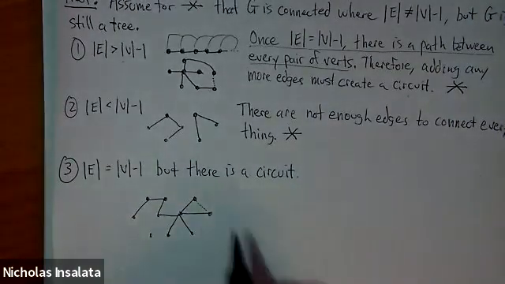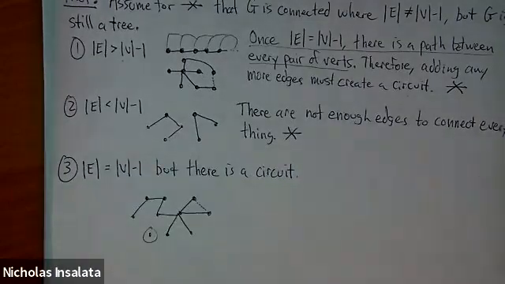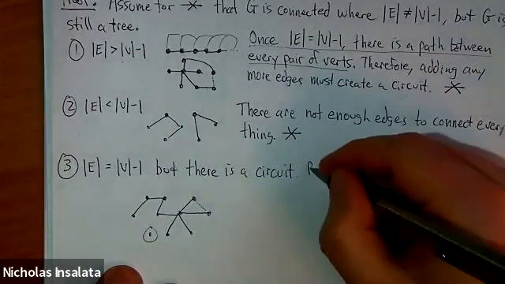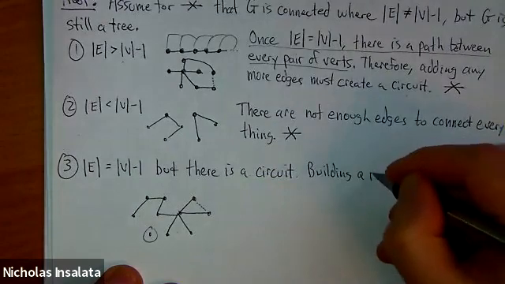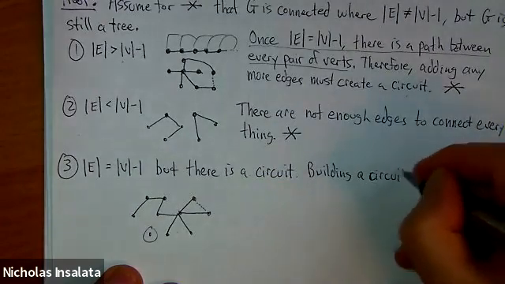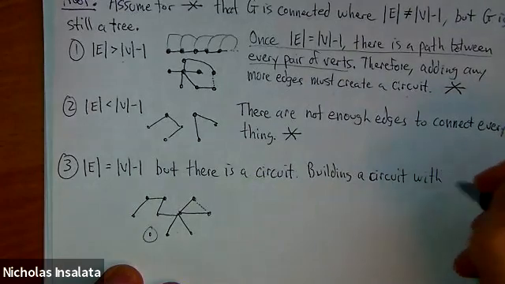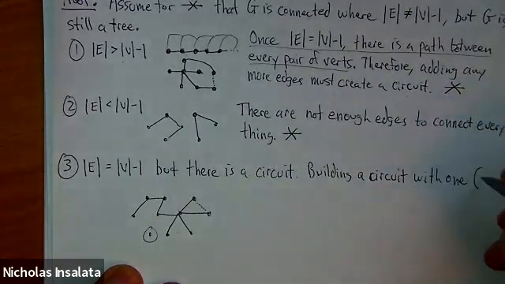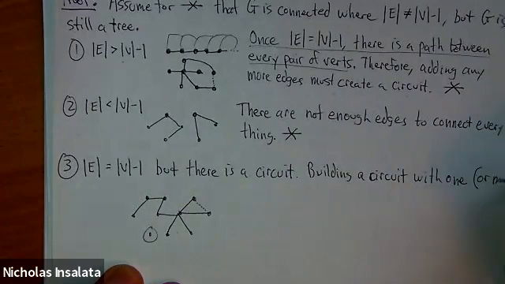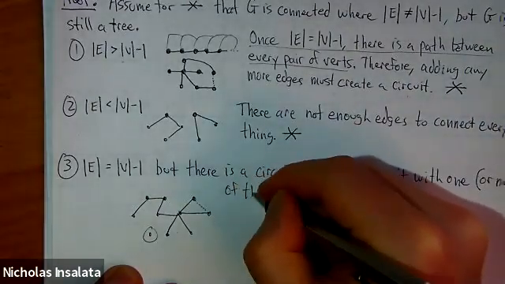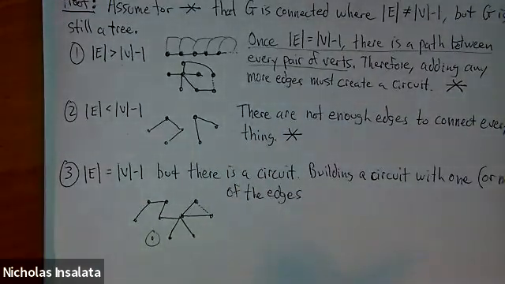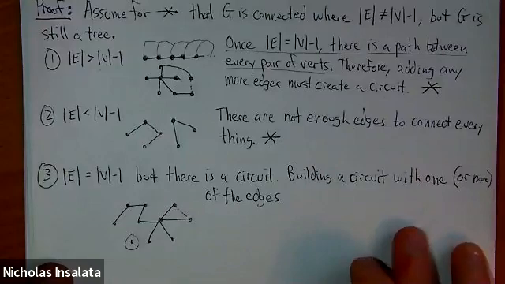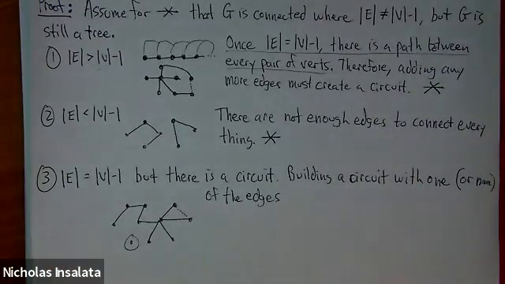right? Well, that's going to leave out one of my vertices, right? So building a circuit with one or more of the edges means what?